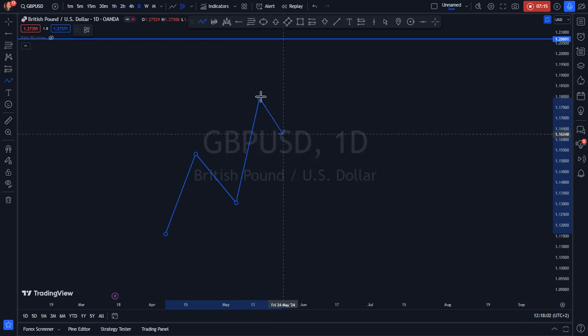Therefore this correction right here is obviously in a downtrend structure. So if you see something that looks like this, therefore you should know ukuthi yes, the overall structure of the market is in an uptrend.